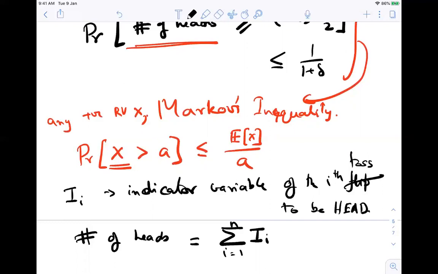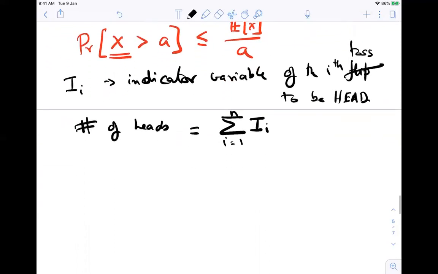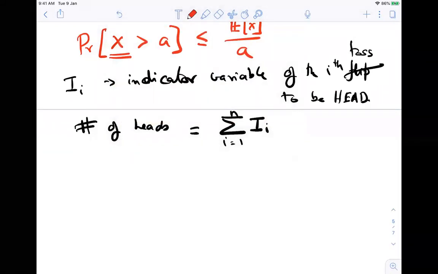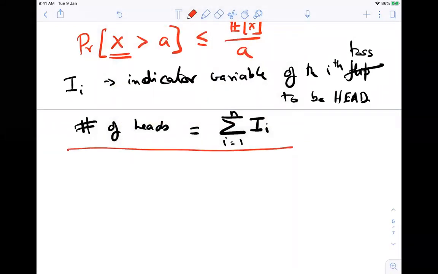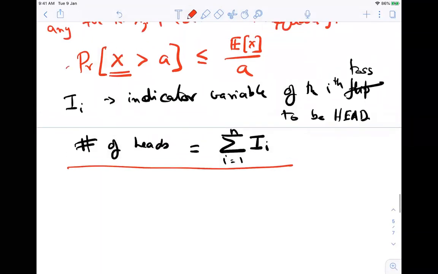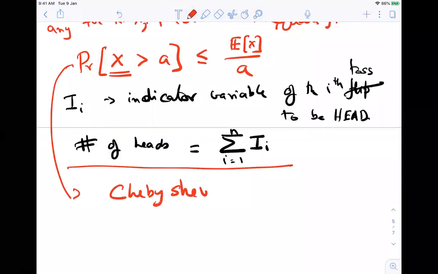I have given you two things to read, so I will ask you to go back and read them. The first is like Markov's inequality but slightly more non-trivial. It is called the Chebyshev inequality. Please go and read it.